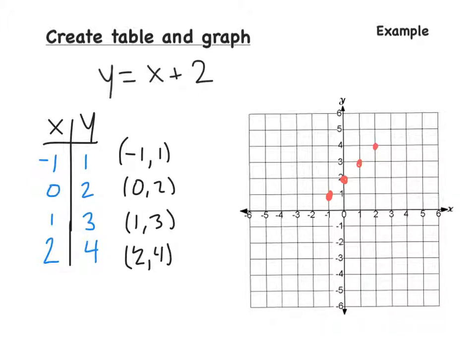If you notice, it looks like it is making a straight line, so all that we would have to do is draw a straight line connecting all of the points. And so this is our graph of the equation y is equal to x plus 2. This is our graph. This is our table.